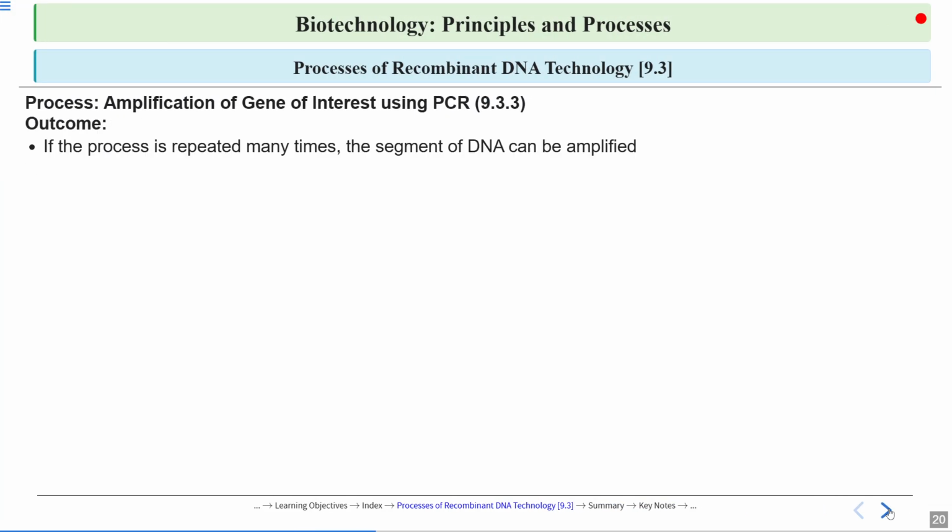What will be the outcome? If the process is repeated many times, the segment of DNA will get multiplied, amplified, and we can get approximately billions of copies in only 30 cycles.